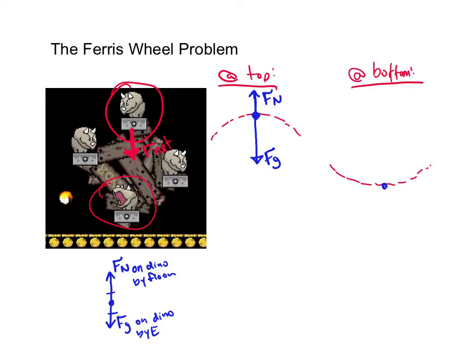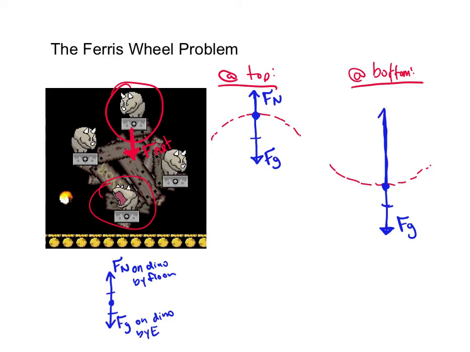The dinosaur at the bottom here that's yawning, we've got the same force of gravity, assuming that these dinosaurs all have the same mass, same force of gravity as its friend up top. So again, we want to make sure that the force that points towards the center is the longest force. In order to do that, the normal force has to be the longer one.